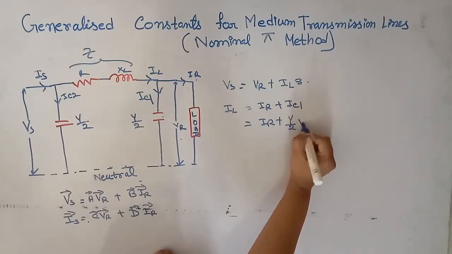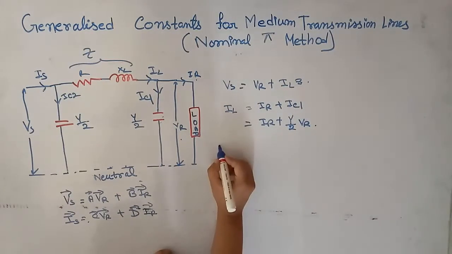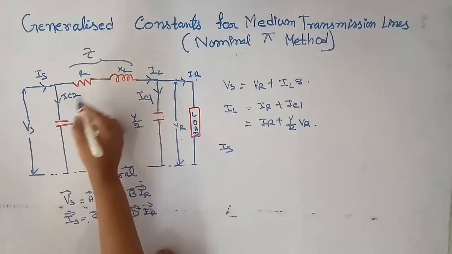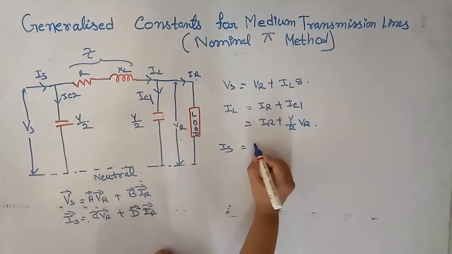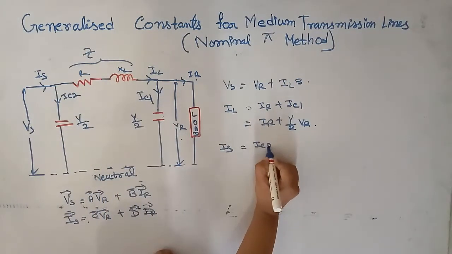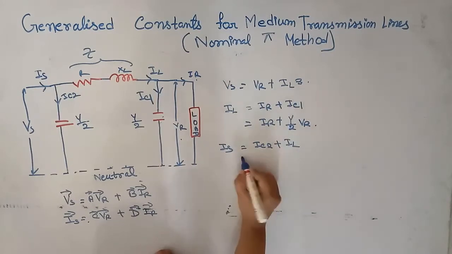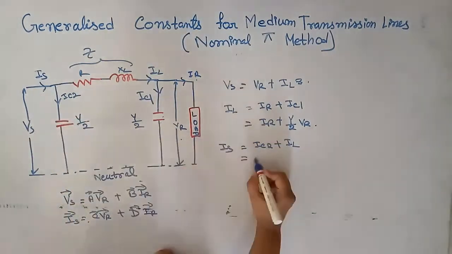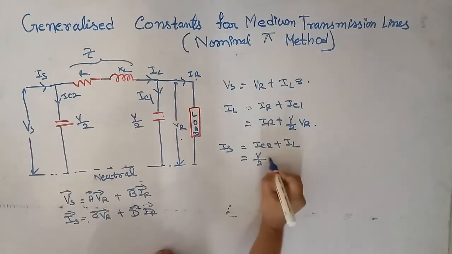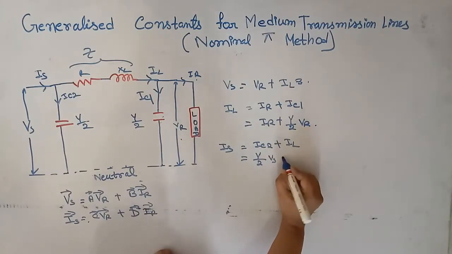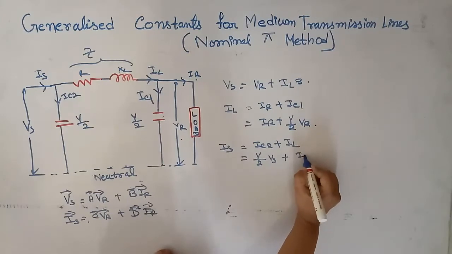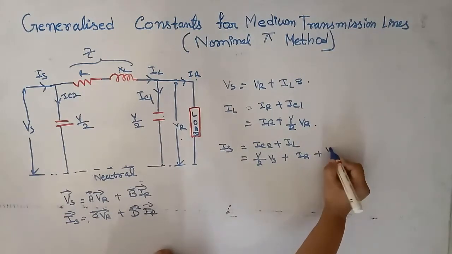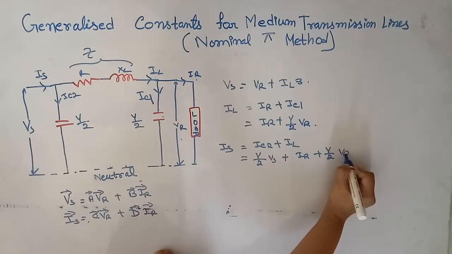Now IS equals IC2 plus IL. And what is the value of IC2? IC2 is Y by 2 into Vs. Y by 2 Vs plus IL is equal to IR plus Y by 2 VR.